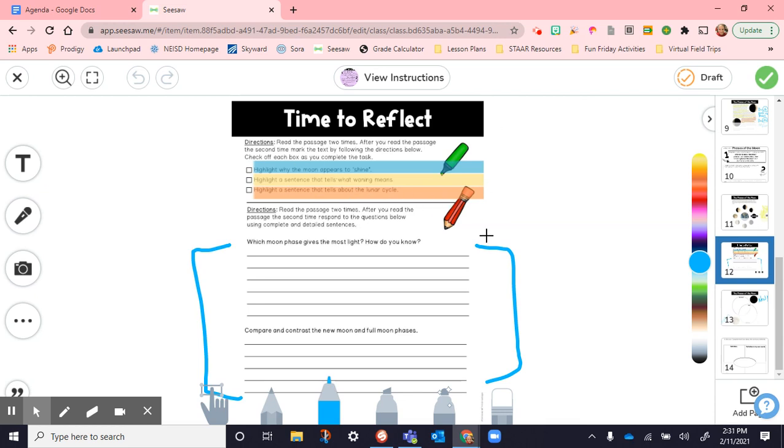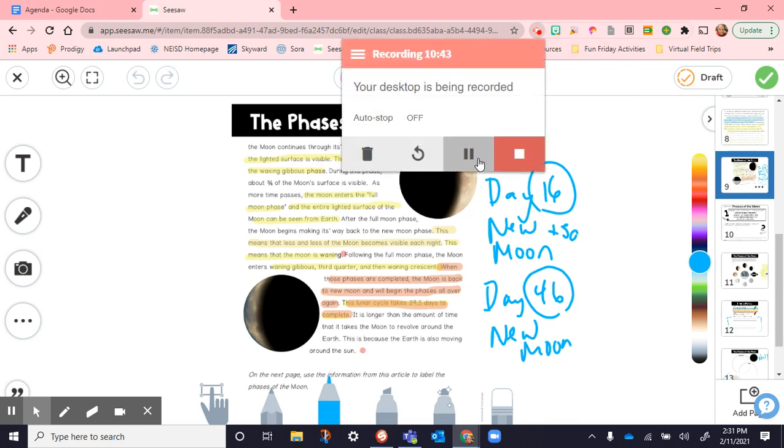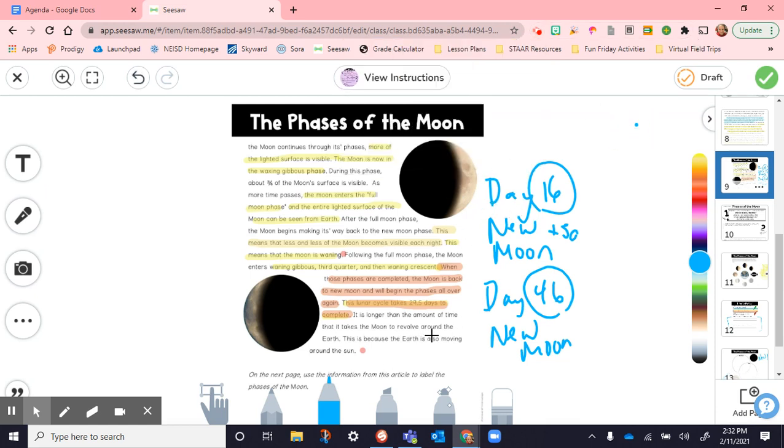And so we kept going back. For the waning, right here it says this means that less and less of the moon becomes visible each night. This means that the moon is waning. Then here, all right, sorry, someone keeps coming in. Okay, so that's the waning part.